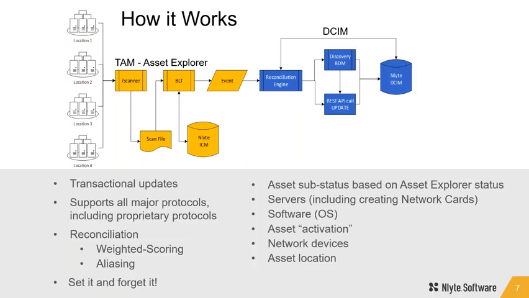So really, it's making the self-aware data center through the help and support of TAM Asset Explorer to really push that information into DCIM. And like I say, you're going to see this in today's demonstration, but the drive going forward now is real automation around how can we automate as much as we can within the DCIM environment using this technology.